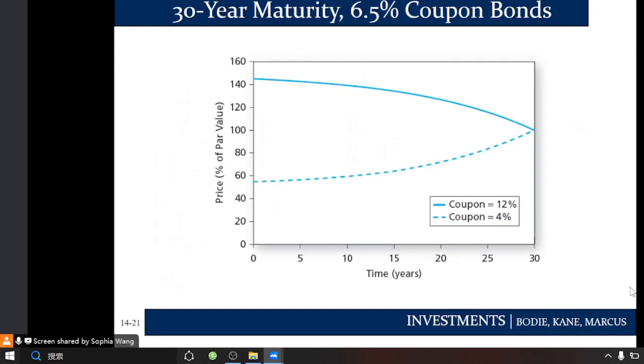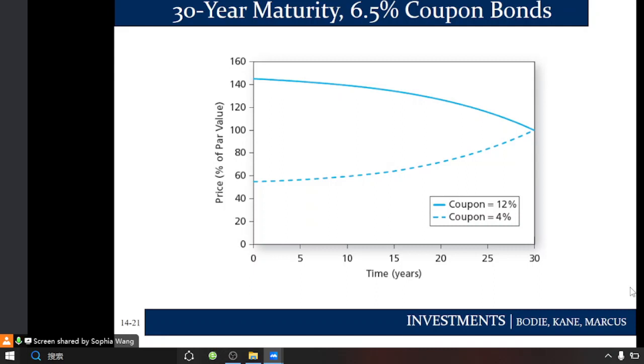This will show you the price over time for a 30-year maturity bond. Bond price approaches face value as maturity approaches. No matter whether you bought the bond at more than face value or less than face value.